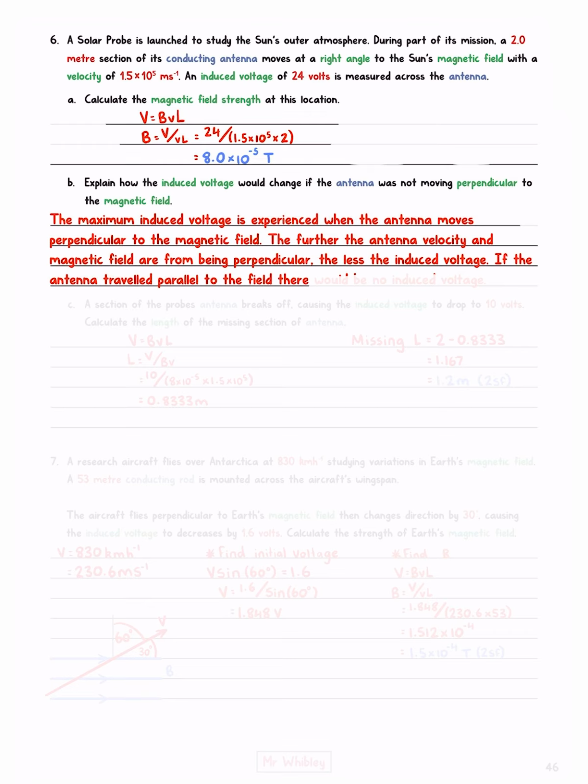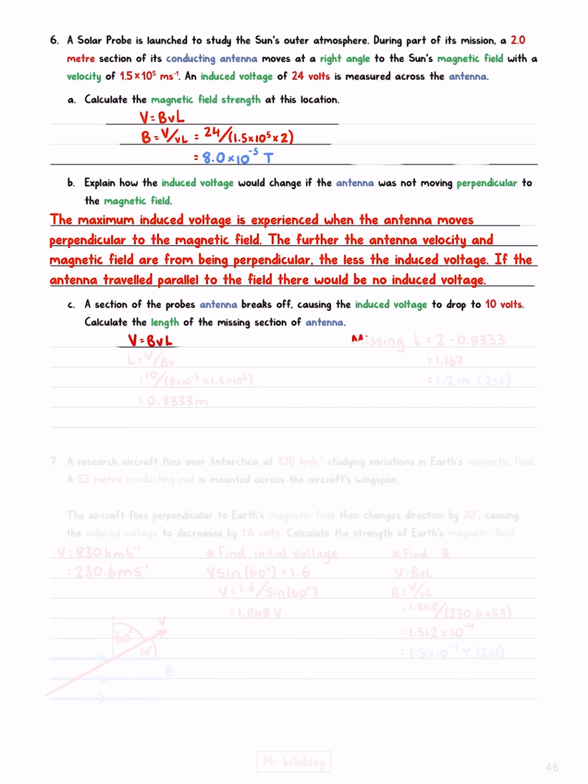A section of the probe's antenna breaks off, causing the induced voltage to drop to 10 volts. Calculate the length of the missing section of antenna. First of all, we're going to use our V equals BVL equation, solve for our length, to find the new length of our antenna. Putting our new voltage, our field, and our velocity in gives us 0.8333 meters.